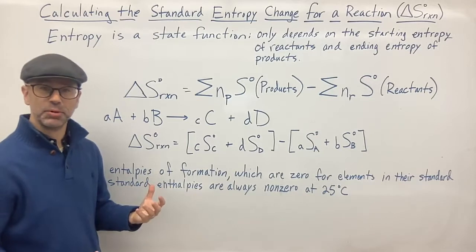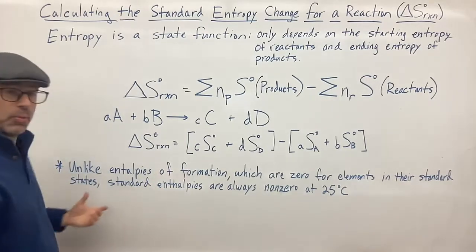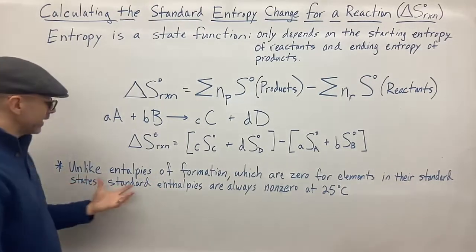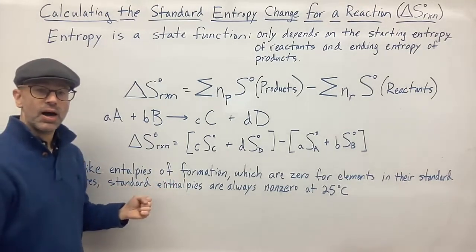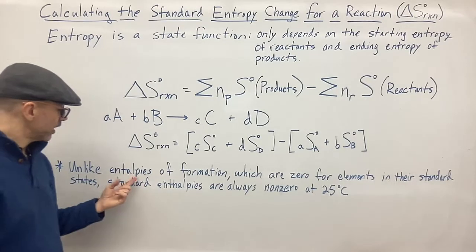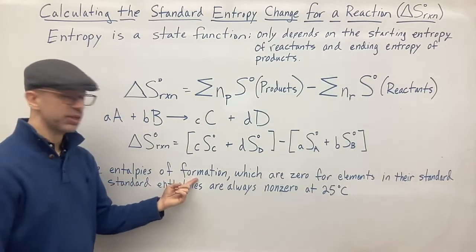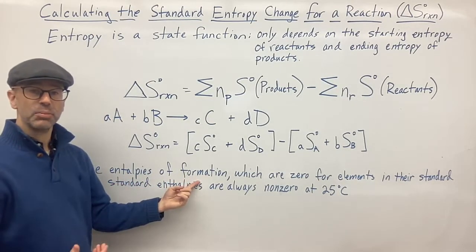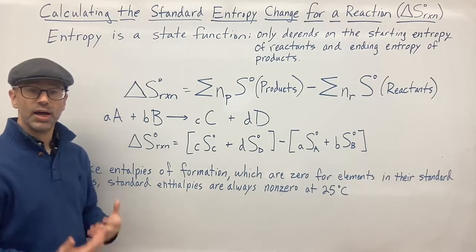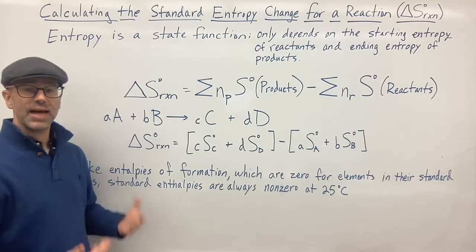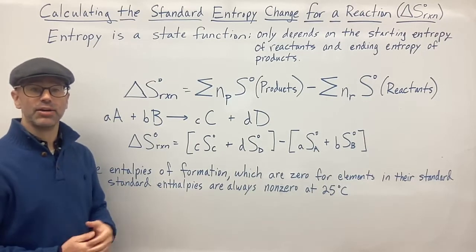And it's that simple. One thing I want to point out is that unlike entropies of formation that we saw in another video, where elements in their standard state have a zero entropy of formation, that is not true for standard entropies.